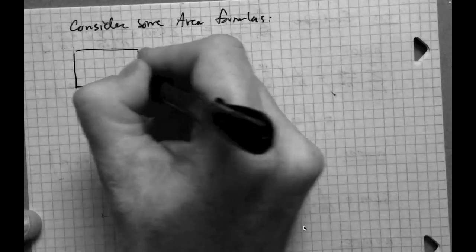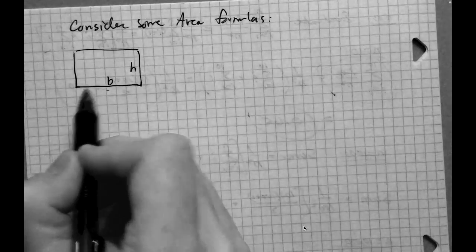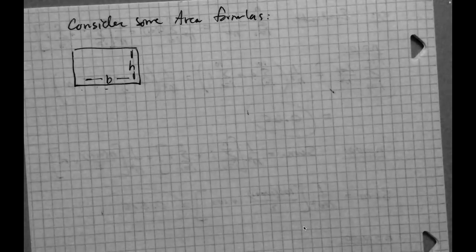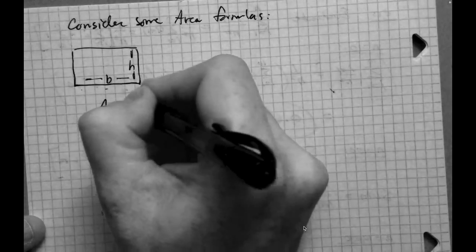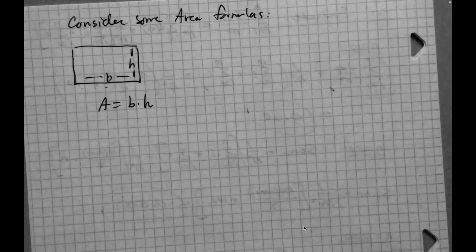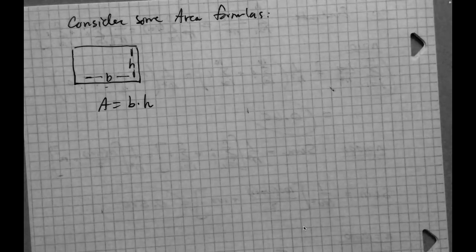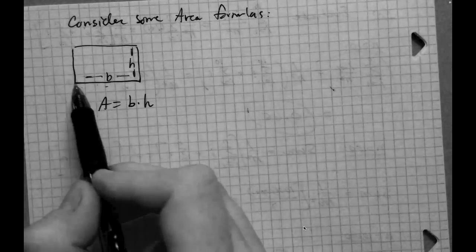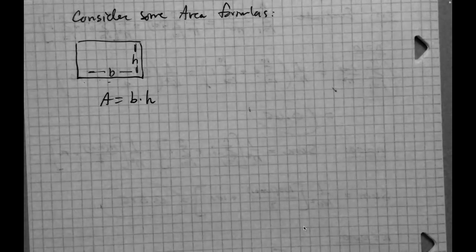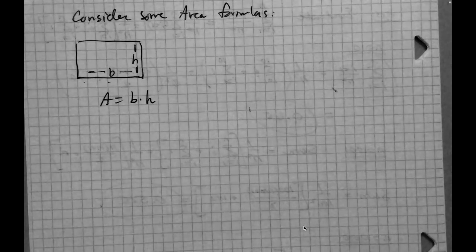You've got a base, meaning the width here, and you've got a height. The area is the base times the height. So the amount of stuff inside the rectangle can be calculated as the amount of stuff in this dimension times the amount of stuff in that dimension, and that'll tell you the amount of stuff in the entire space.